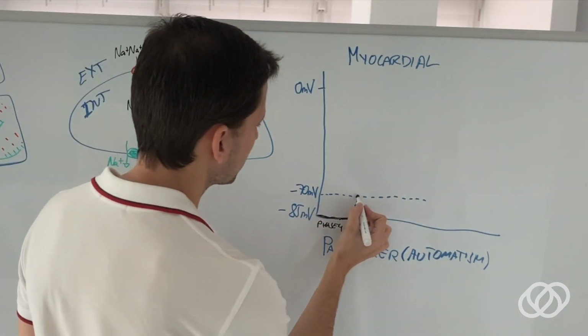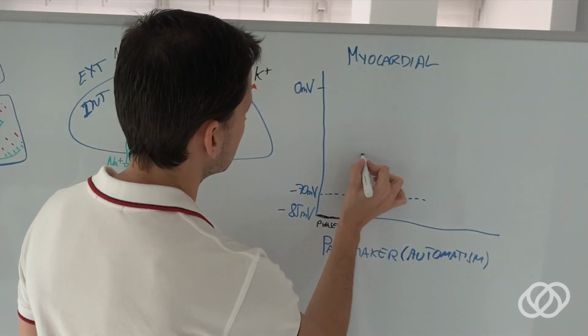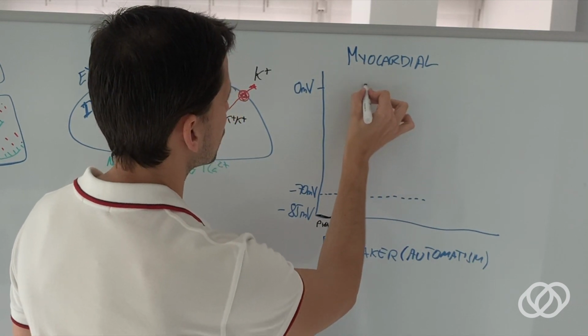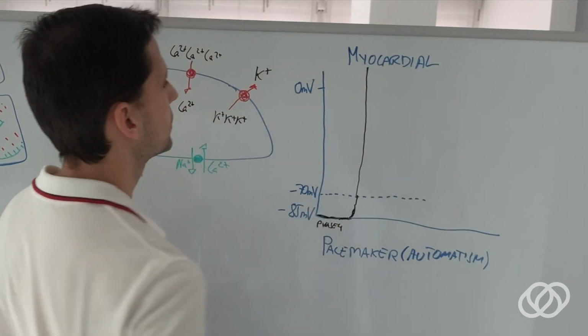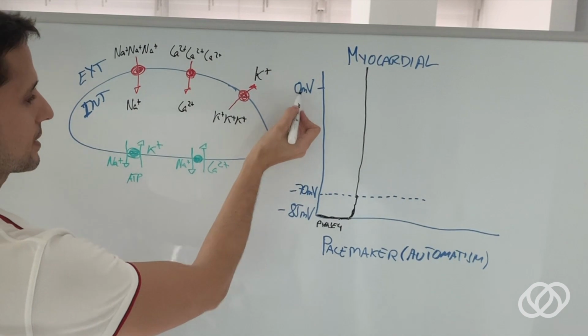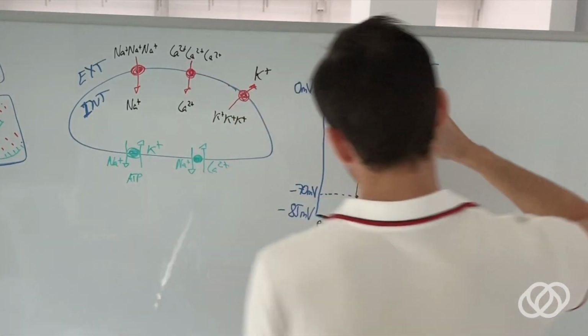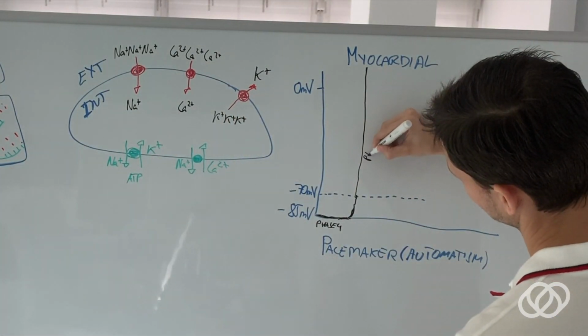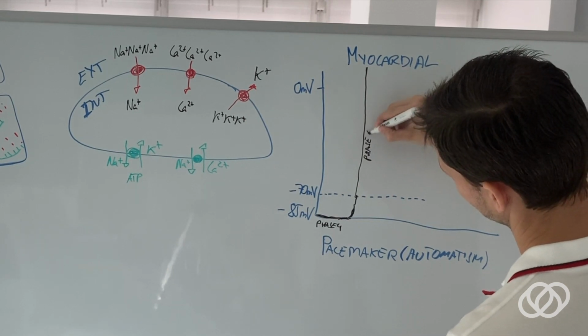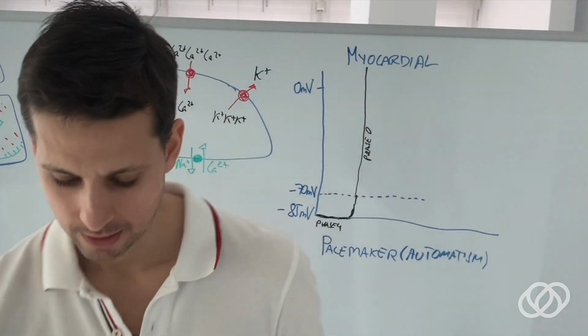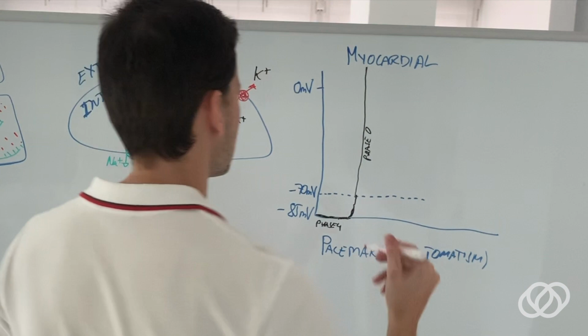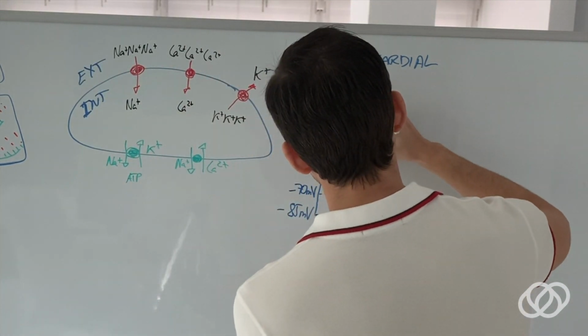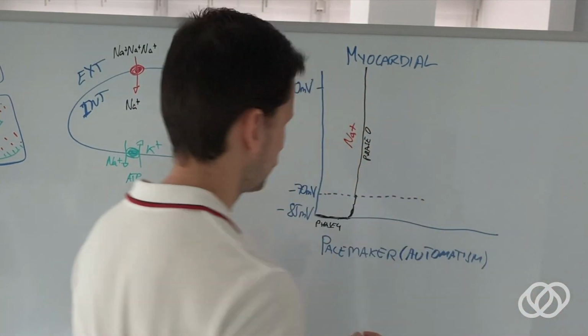They are very fast, so the depolarization is very fast. To remember phase 0, we have to remember that the main character of this phase is sodium, the entrance of sodium.